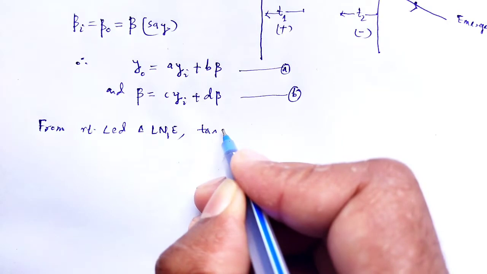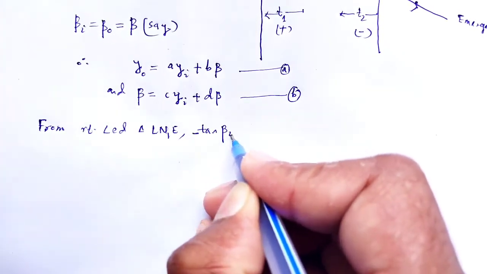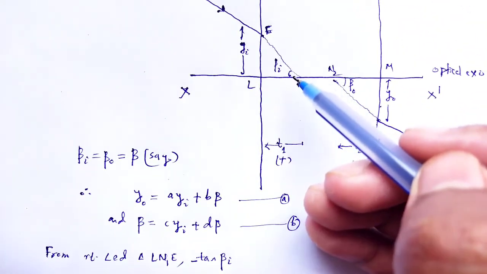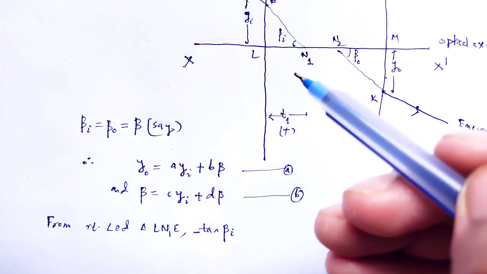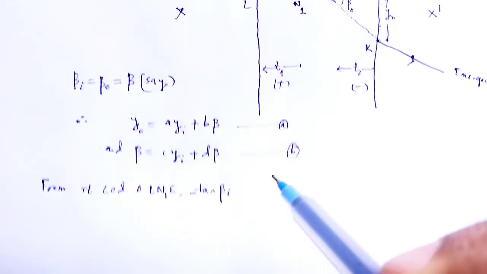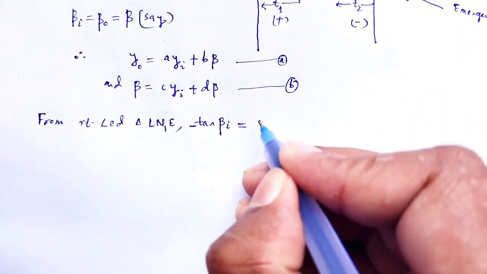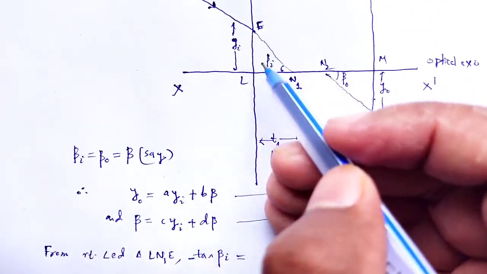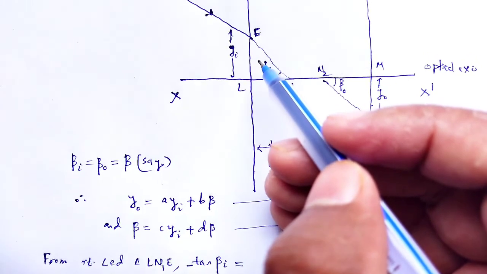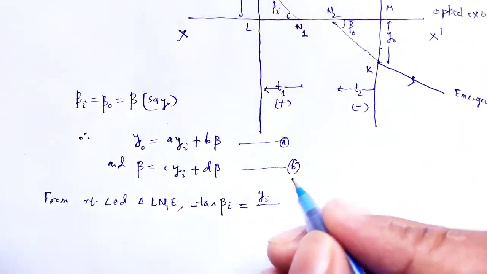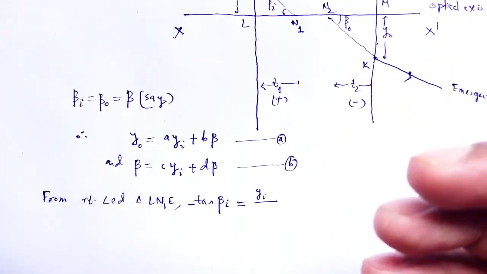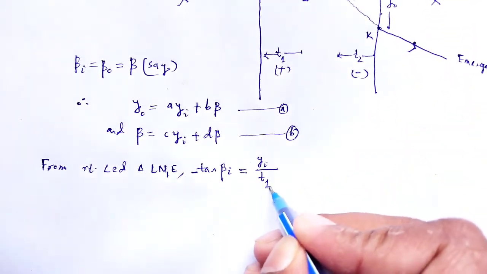Tan of this angle is negative by the sign convention, so tan of minus beta I is minus tan beta I. So minus tan of beta I is equal to yi, positive, divided by its length, that is T1, also positive.